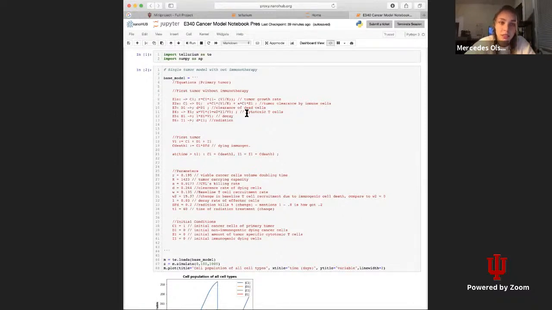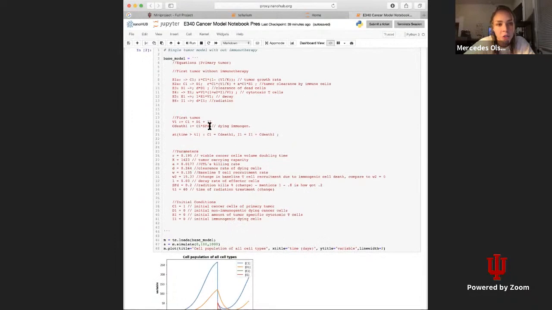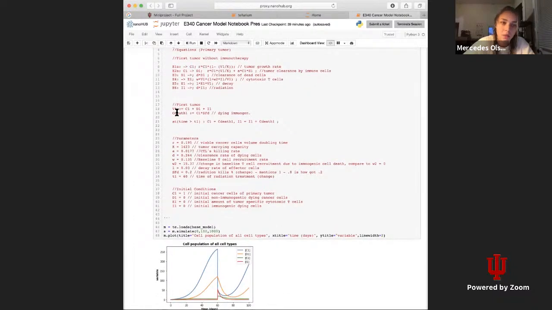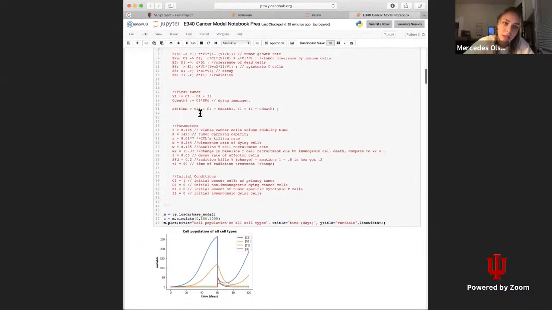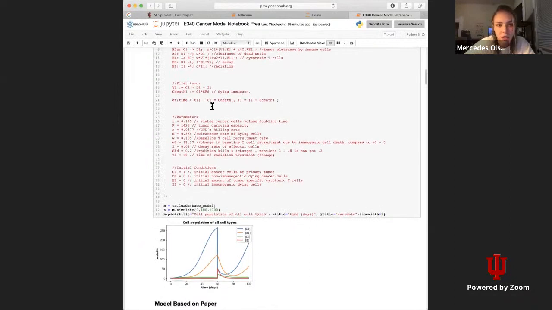Here's the T cells. This isn't as relevant in the first part because I haven't added the immunotherapy as well, but then there's the decay and radiation. Here's when the first tumor happens, both with the total volume, so you can use it in the equations above, and then the dying immunogenically. And then it happens at T1 where the radiation takes place.